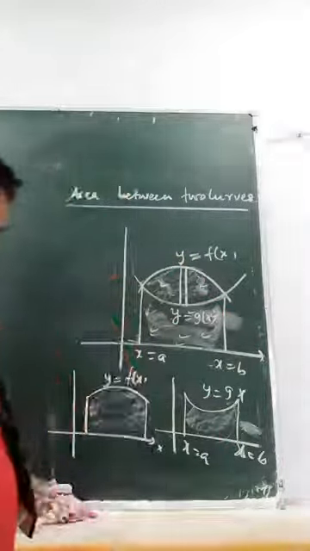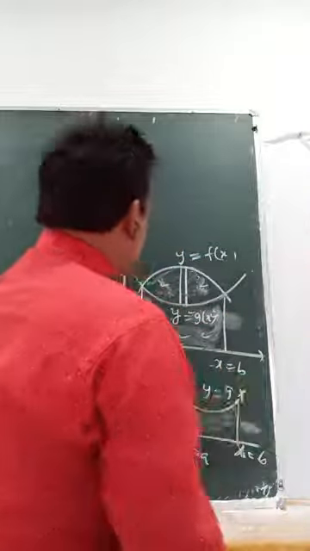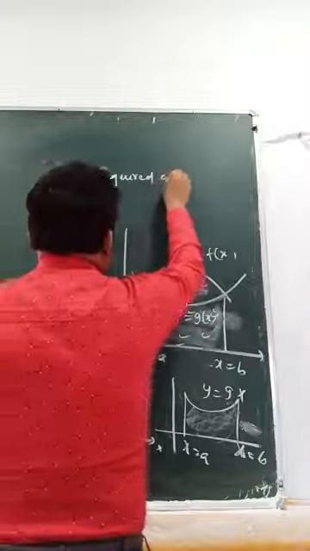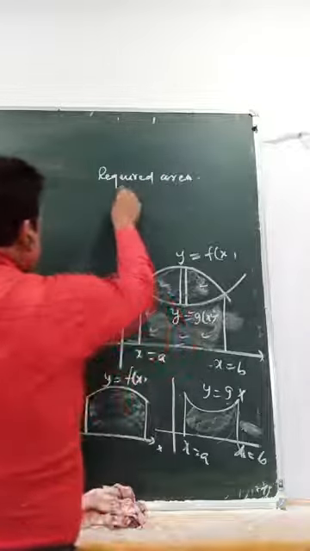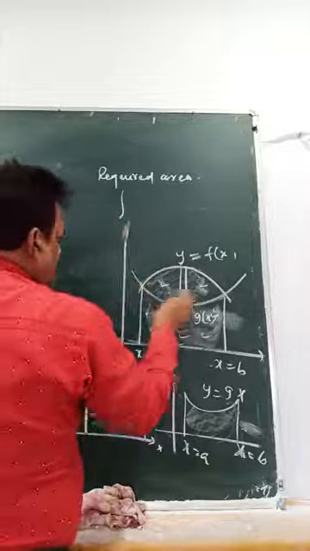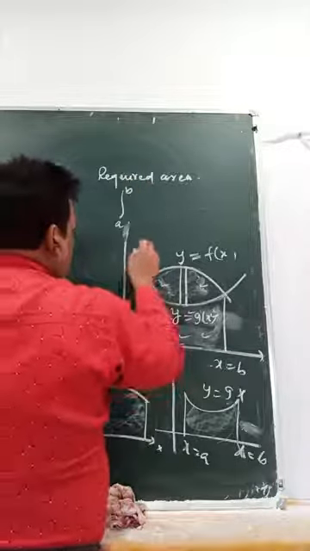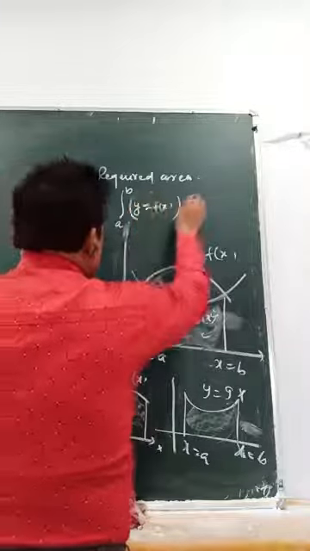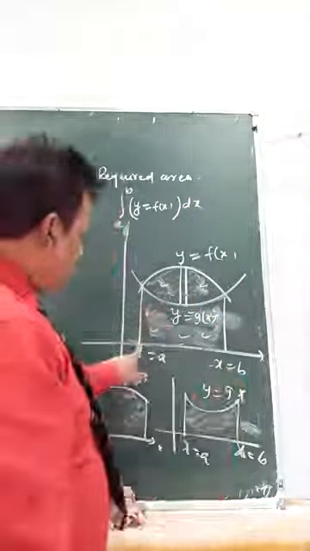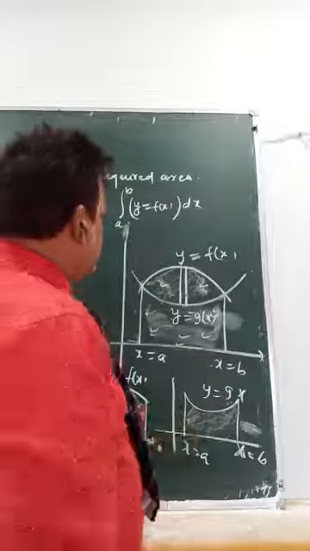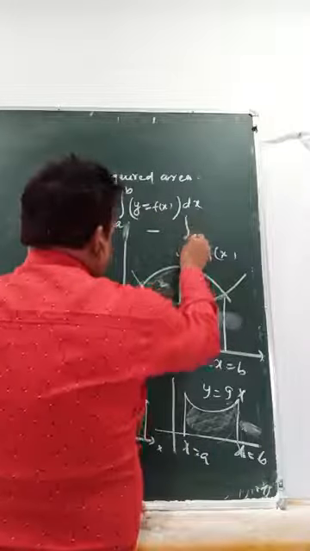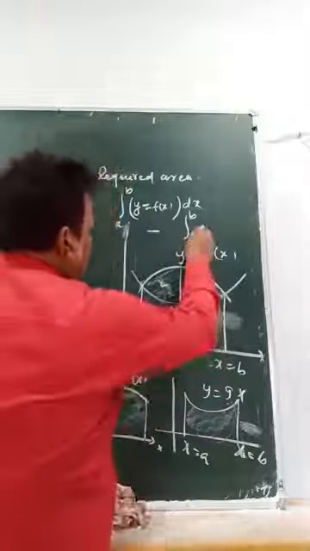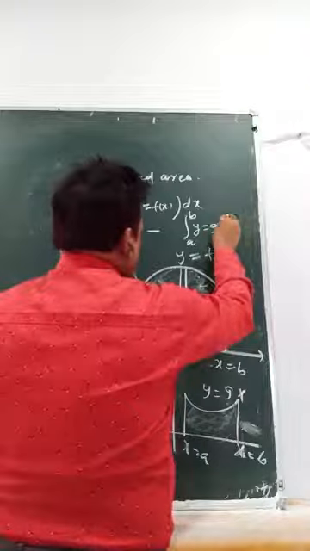So therefore, the required area is the integral from a to b of y dx for the curve y equals f(x), because when you are closing with the curve, it should be y dx, minus the integral from a to b of y dx for this curve, which is g(x).